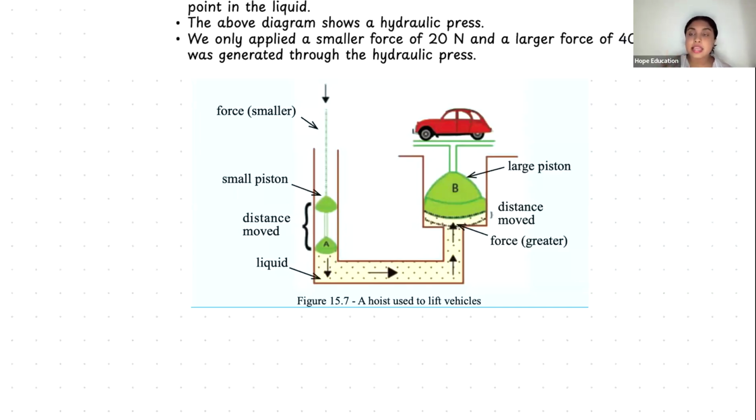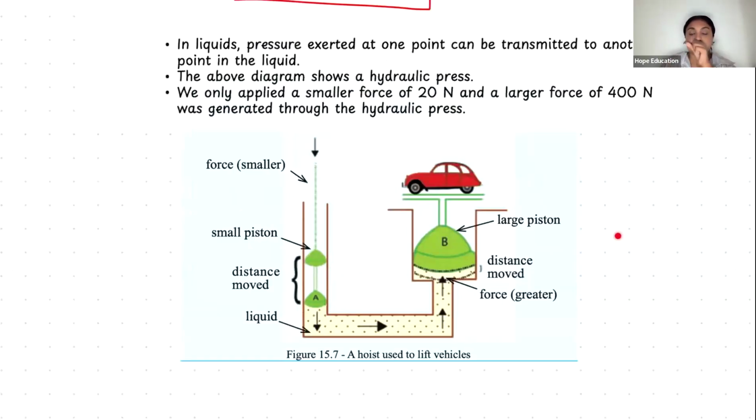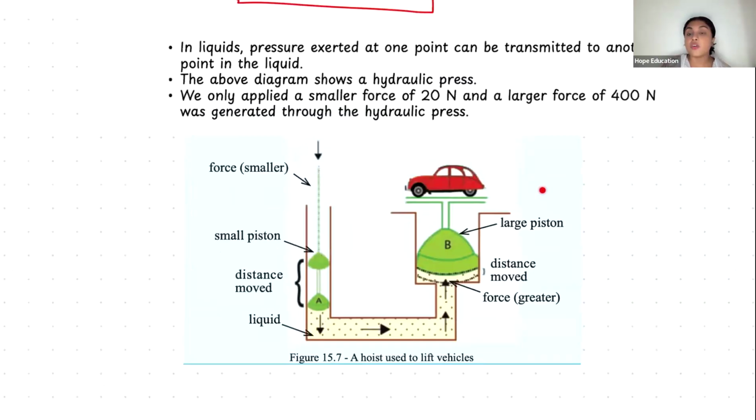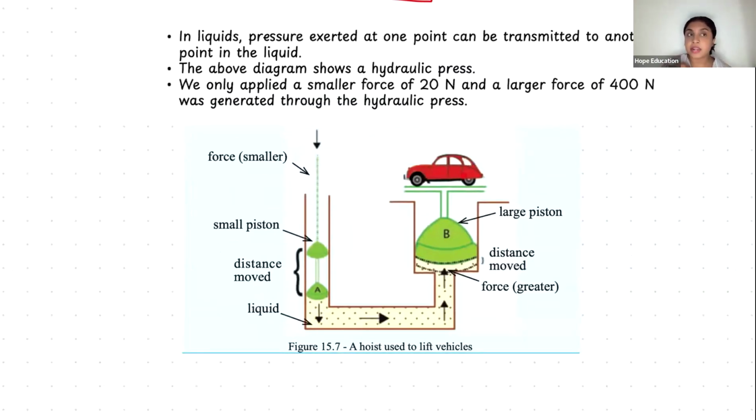A hoist is the same as a hydraulic press, just a little different. The concept is almost the same. A vehicle is very heavy, so I need a large force to lift it, but I can't give such a large force by myself. So I give a small force to a small piston. I gave a small force F1 to a small area A1 and a pressure will be generated here.